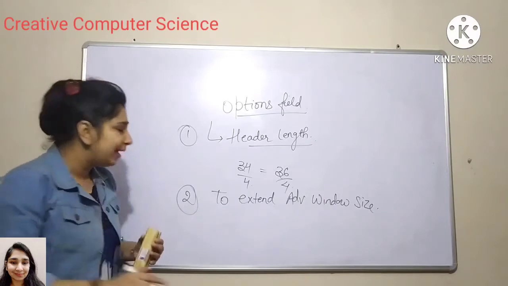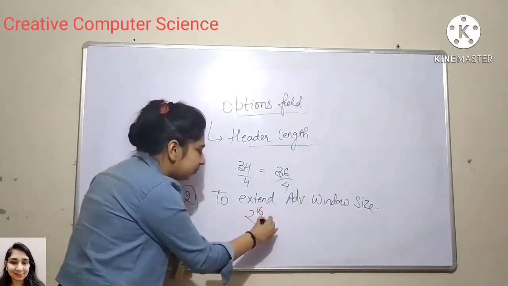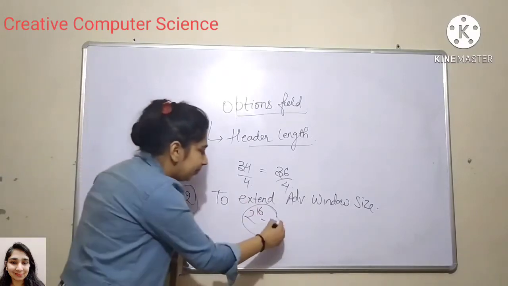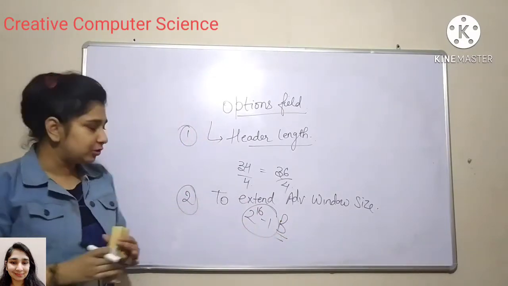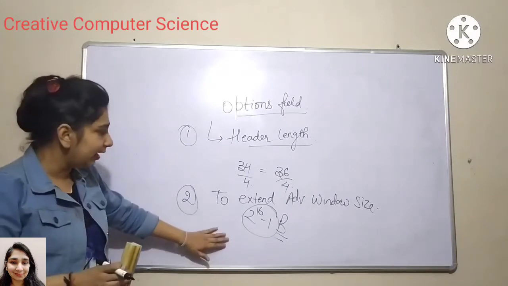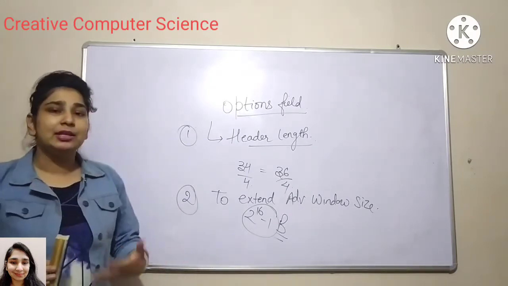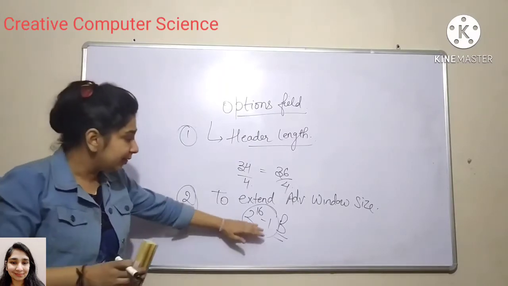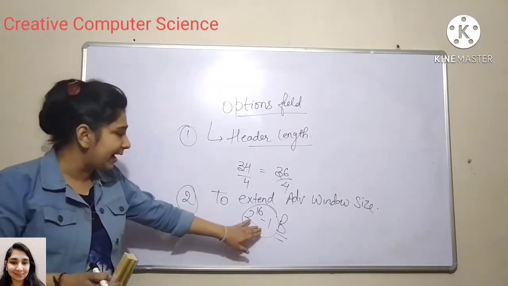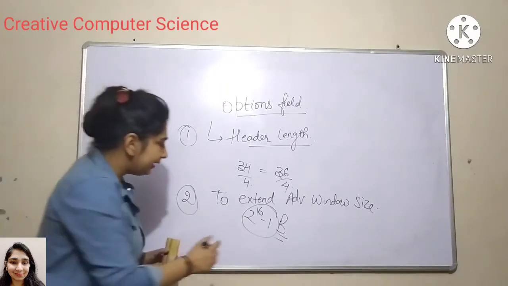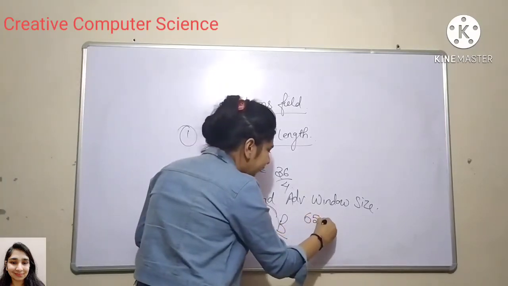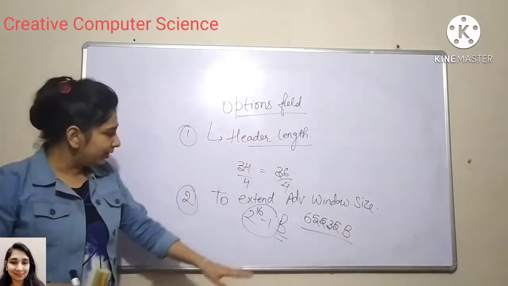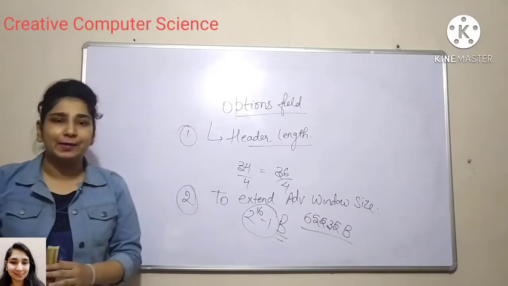With 16 bits, what is the maximum number of bytes you can store? 2 raised to power 16 minus 1 bytes of data can be stored, which is 65535.